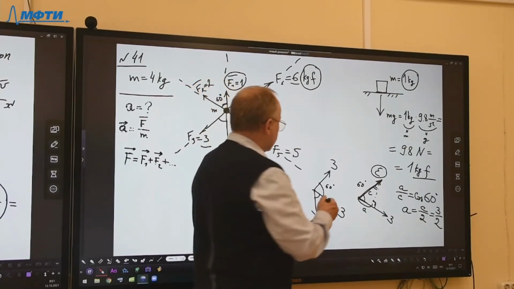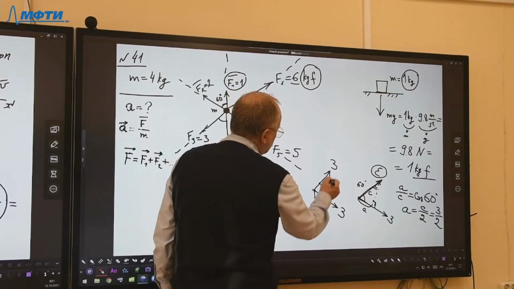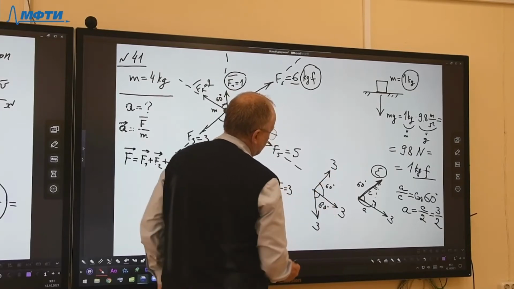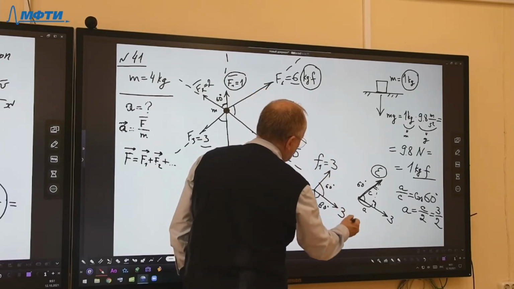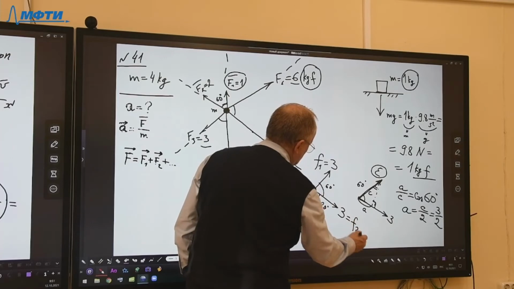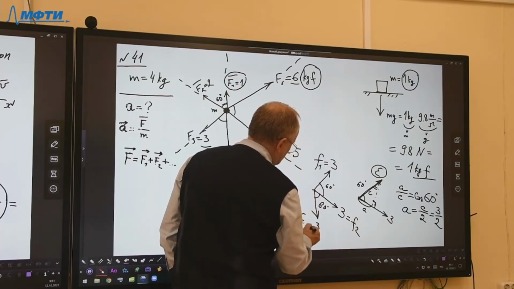That means that the component of force, well, let me denote it somehow. I will use a new notation. This will be force 1, and that will be force 2, and that will be force 3.